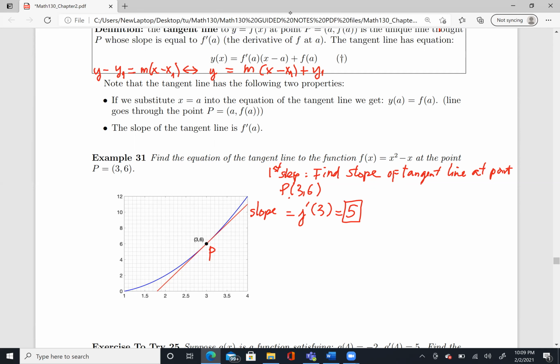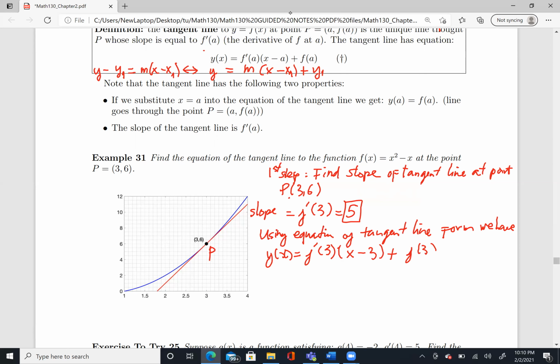Okay, and now we're just going to apply the equation of the tangent line form we have. y of x equal to f derivative of 3 times x minus 3 plus f of 3.